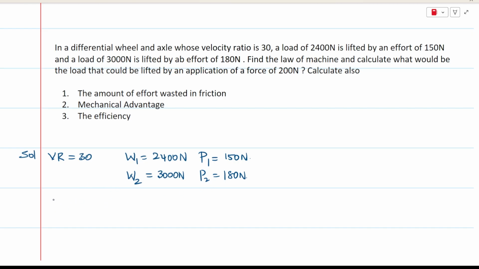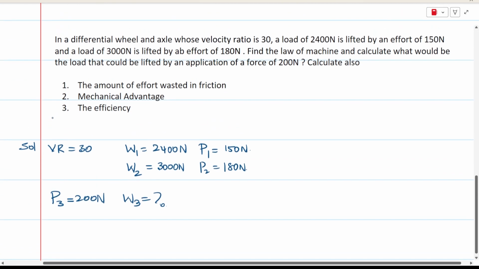So if the effort P3 is 200 Newtons, what would be the corresponding load that would be lifted? The parameters asked are the amount of effort wasted in friction, mechanical advantage, and the efficiency. First we commence with the calculation of the law of machine.